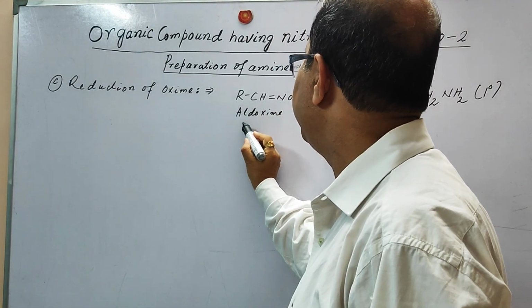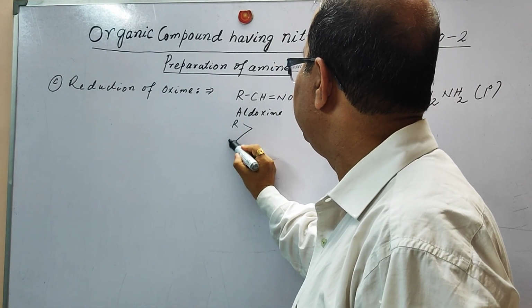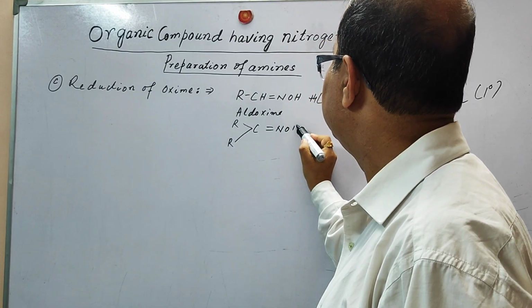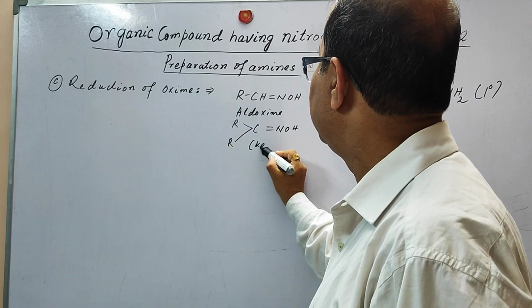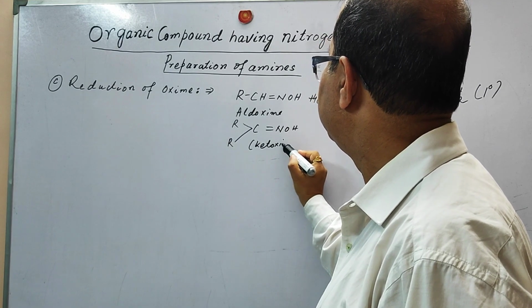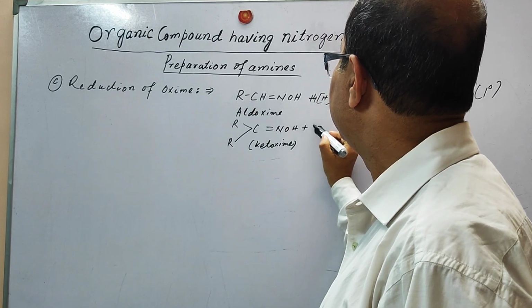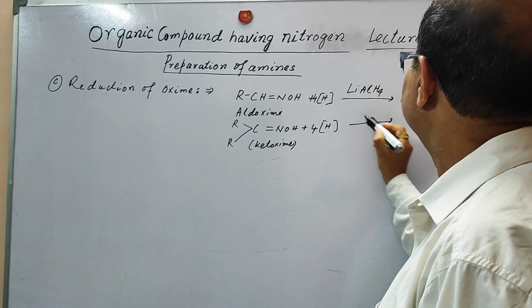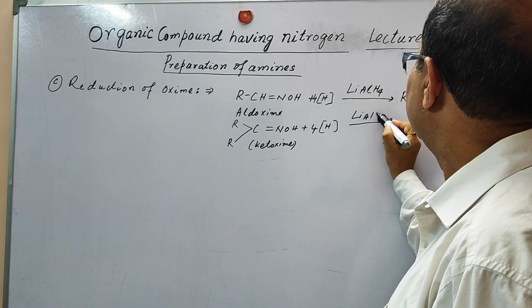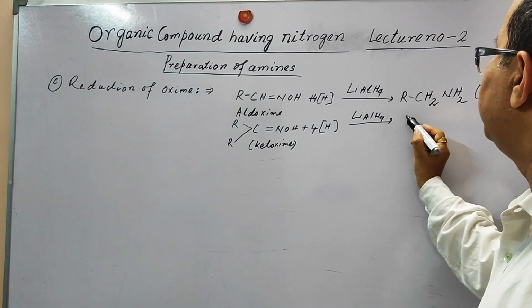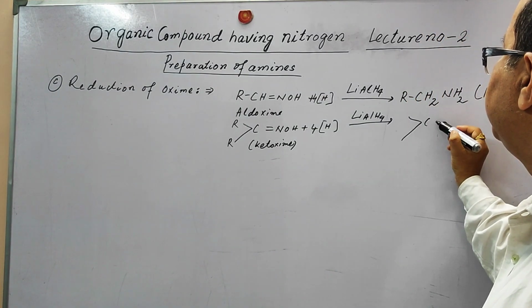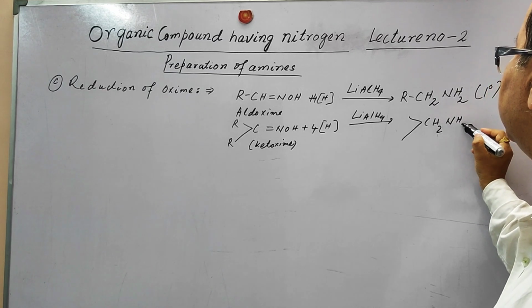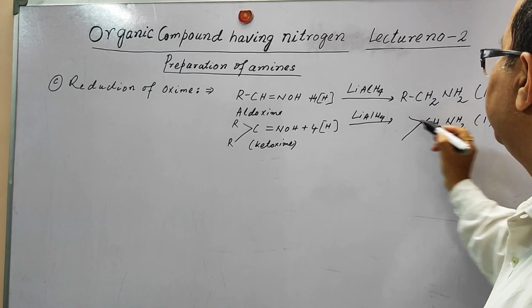In the similar way, if you use the ketoxime with lithium aluminum hydride, it is again going to produce the 1 degree amine.